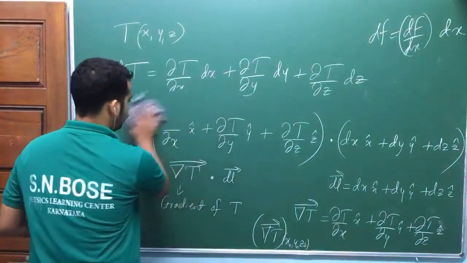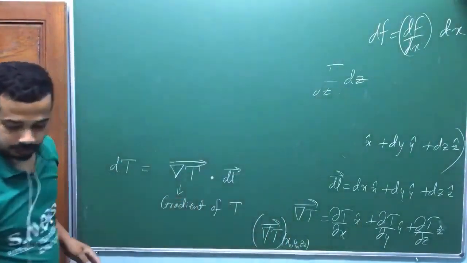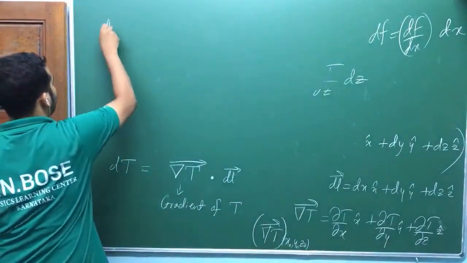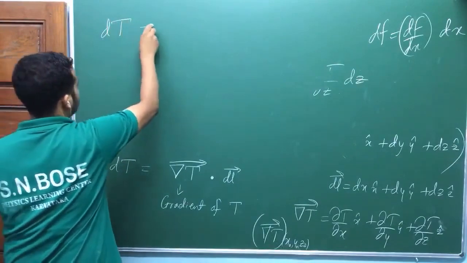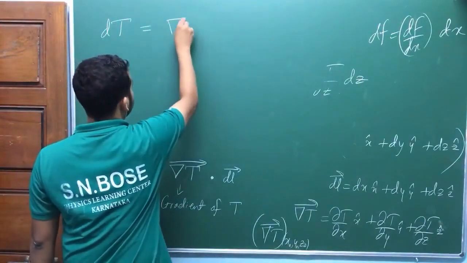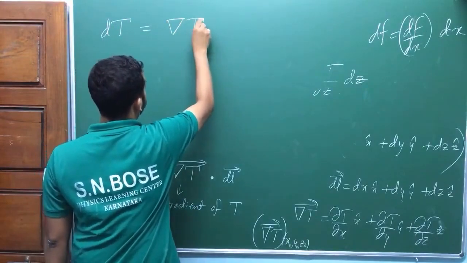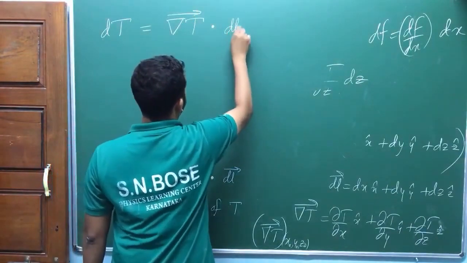Now look at here. Can I take this one as a basic definition of change in T? When you move in a particular direction, that is given by the gradient of T dot product with the displacement vector.